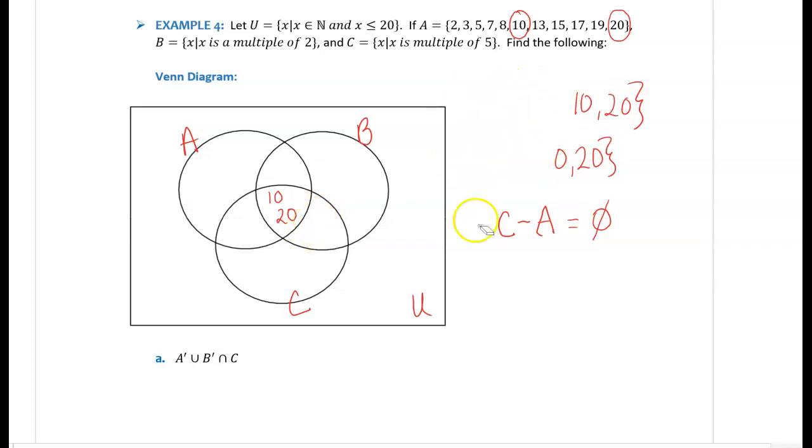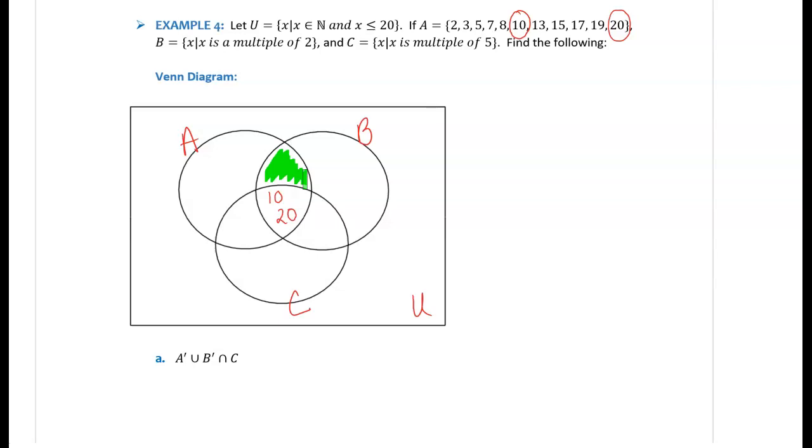Now let's find the following 2 regions. We need to find elements with A intersected with B, not set C, and A intersected with C, not in set B. So let's look at each one at a time.